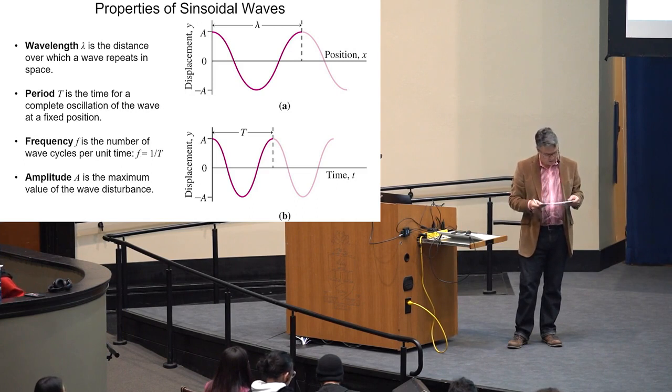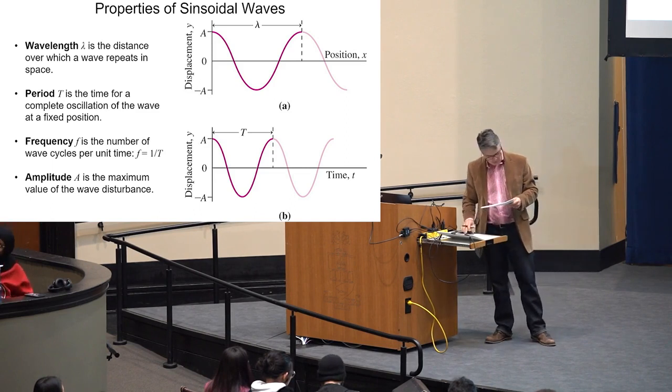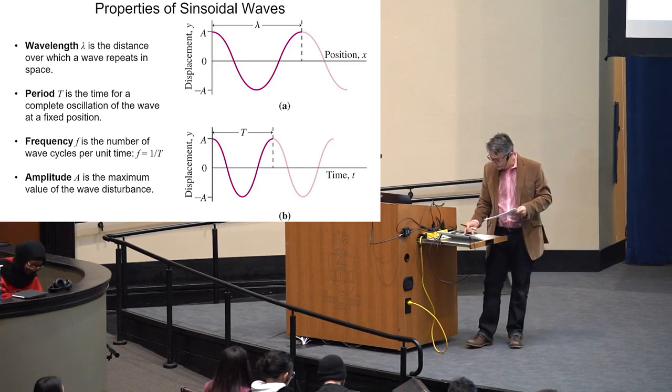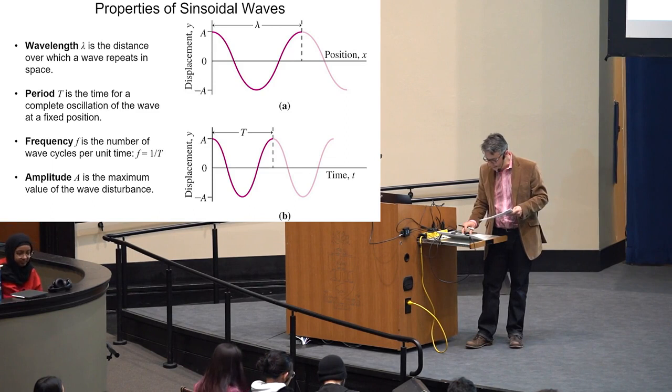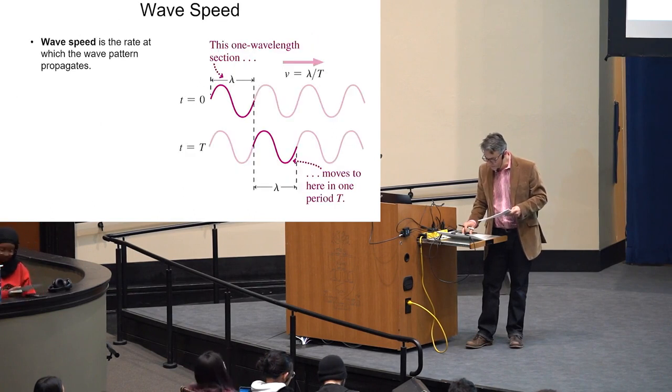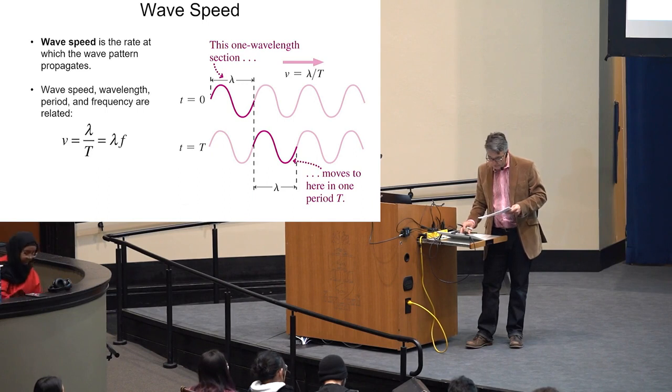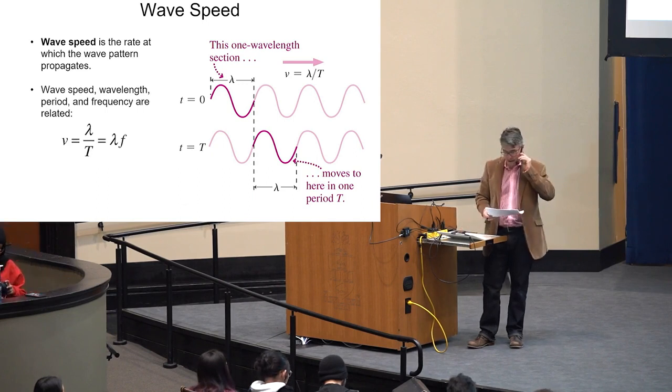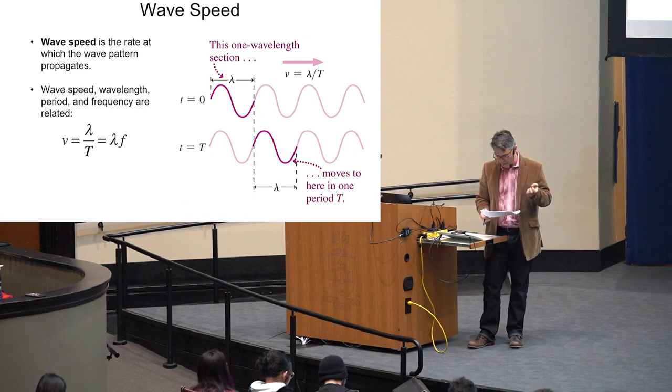So those are the numbers that are important there. Great. And then all these things are related by the wave speed. The wave speed is the rate at which the wave pattern propagates, and it's related to the wavelength and the period, but it's determined by the properties of the medium.